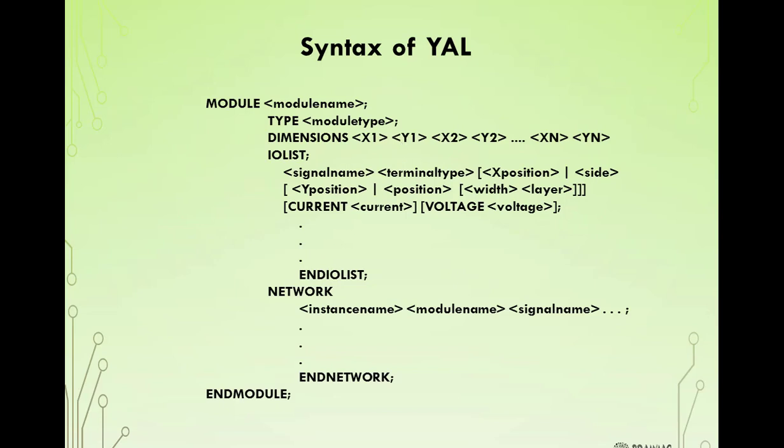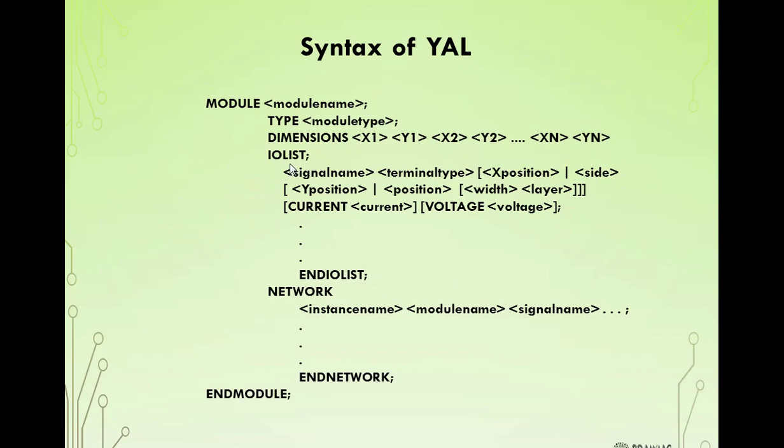And in this case the origin is described last, and we represent this without any commas in the counterclockwise direction. We will see this in the example later on. Then the IO list: we describe the IO list for the particular module. What is the syntax for it?